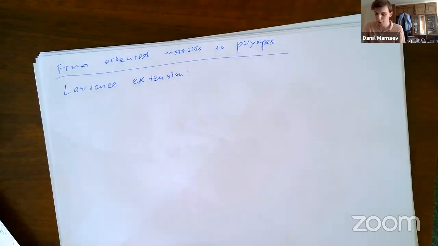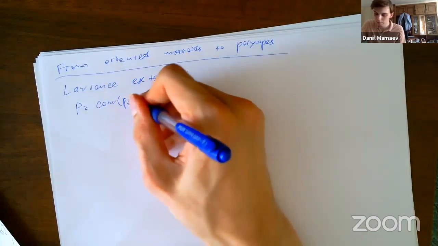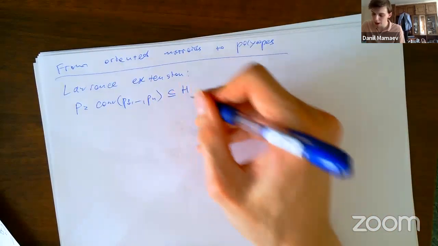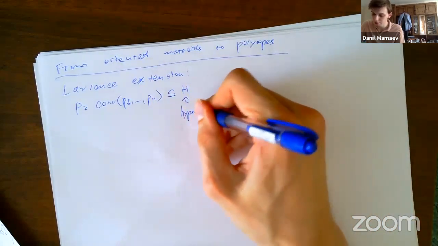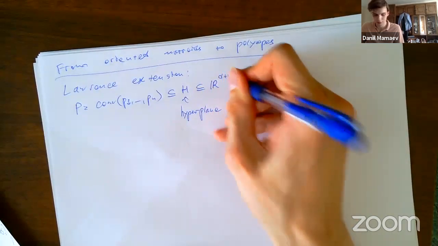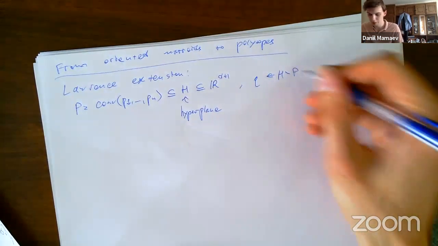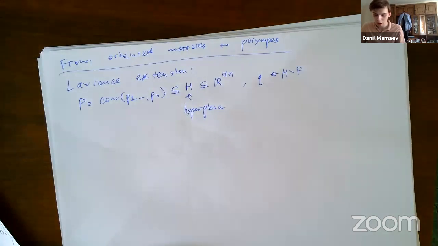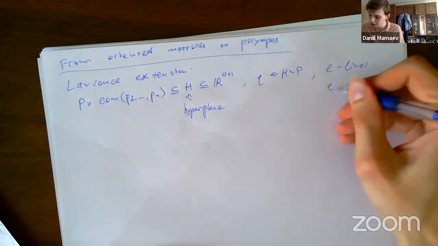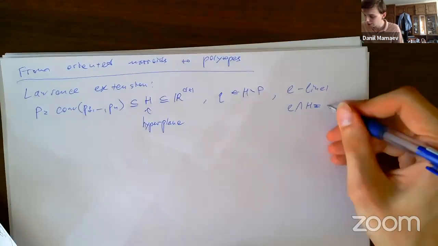Suppose you have some convex polytope, and you embed it into a hyperplane, and you take a point not in this polytope, but in this hyperplane. And you take a line such that it intersects the hyperplane in exactly one point.